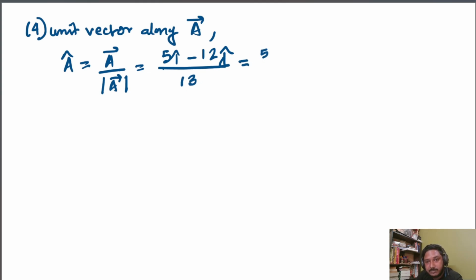So this is 5 by 13 I cap minus 12 by 13 j cap. That gives us the unit vector along the vector A.